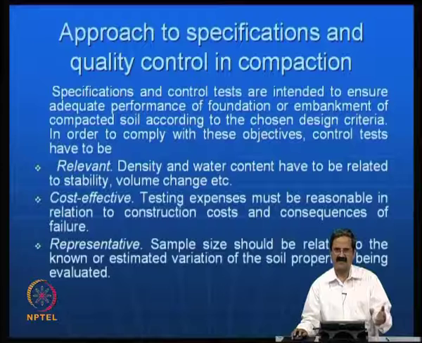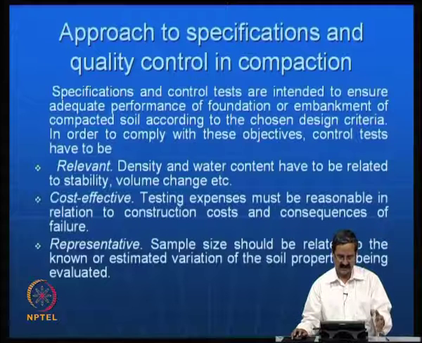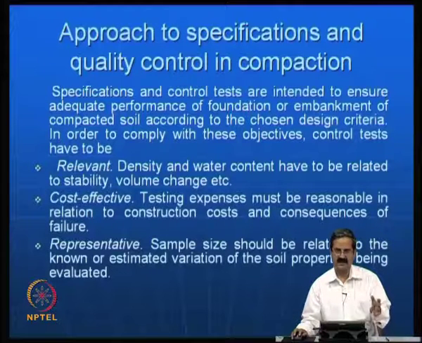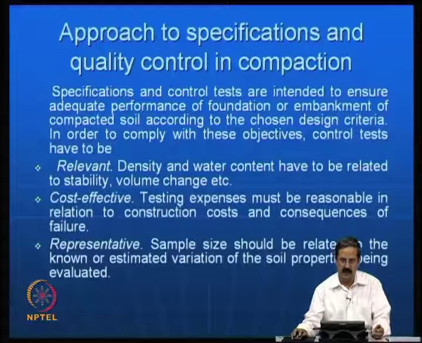I must have that in mind and then do the test. For example, if there is a variation of density of about 5 to 10%, I must be able to pick that information out of the test results. To what extent the field values deviate from the laboratory or specified values is very important.